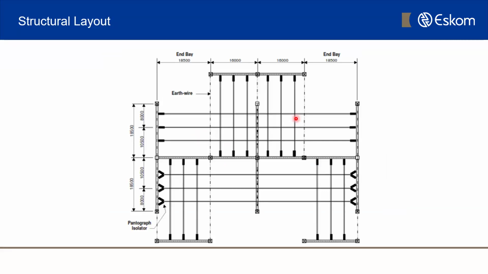Usually it's a whole lot of structures called gantries in the substation, and these carry conductors. So this is a flexible conductor or flexible bus bar layout. You'll notice that it's, if we can call it in simple terms, steel wire that connects one structure to the other, and the electricity is transferred through these conductors.